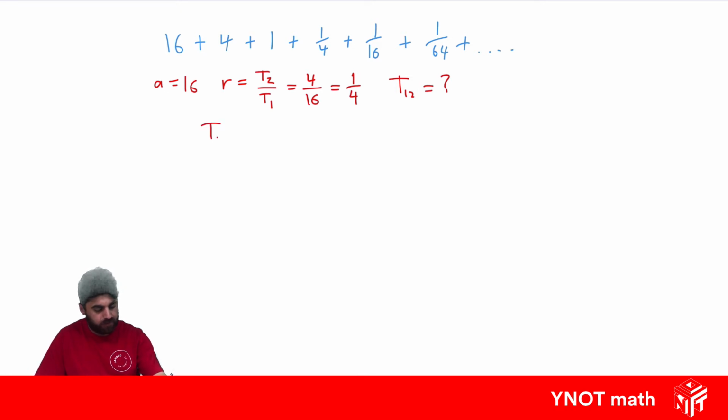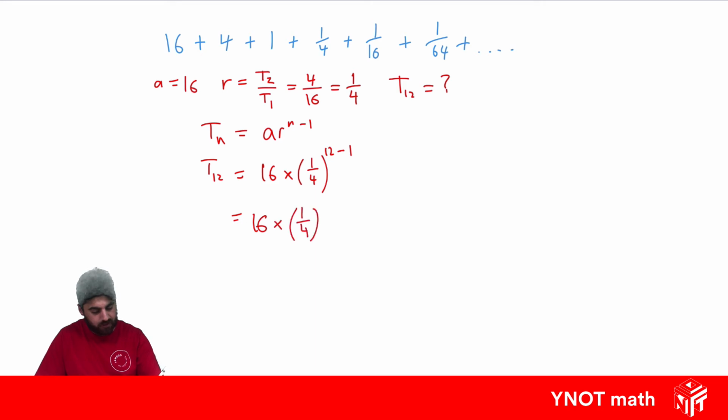So we can use our formula that the nth term will be a times r to the power of n minus 1. So the 12th term will be our first term 16 times our common ratio, which is a quarter, to the power of 12 minus 1. So we get 16 times a quarter to the power of 11, and that's going to equal 1 over 262,144.